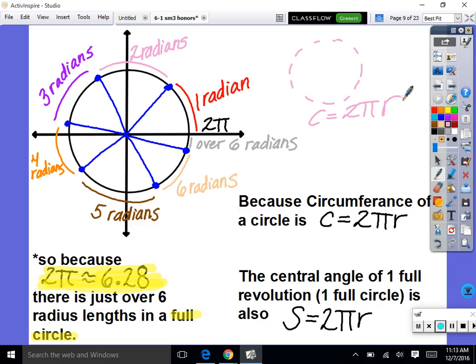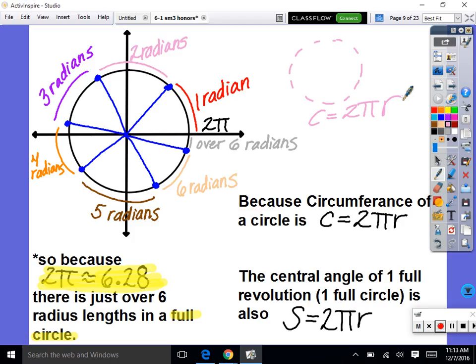And because that's true, everybody, I want you to get your calculator. Type in 2 times pi, using the pi key. We know pi is never ending. They haven't found the end of it. So that's a decimal that goes on forever, but we're just rounding it. So 2 pi is approximately 6.28.